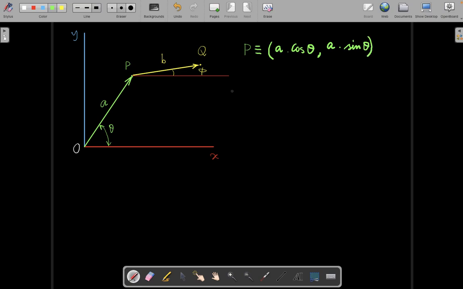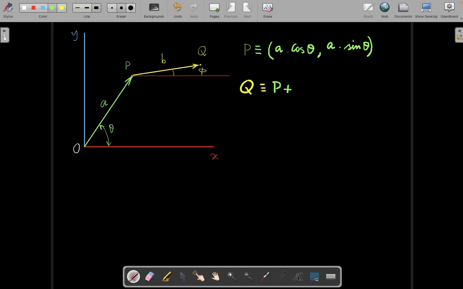And if we want to write the coordinate of Q, then we will write Q in terms of P. So Q is equal to P plus this. So the coordinate of Q is incremented taking P as the reference.